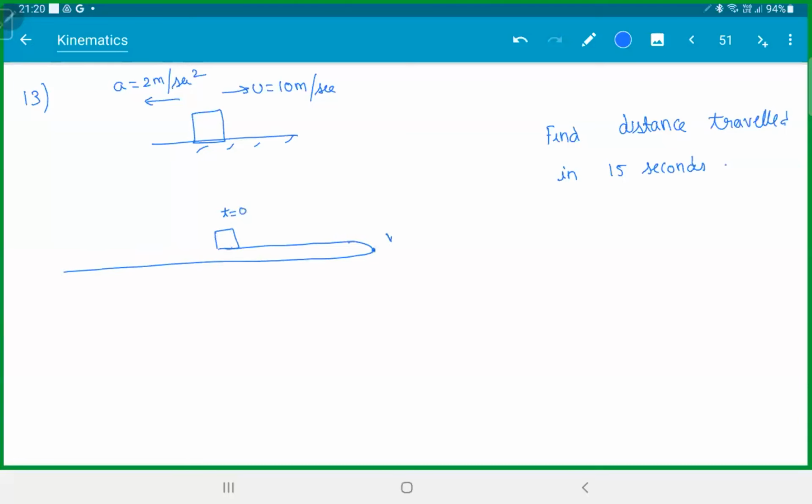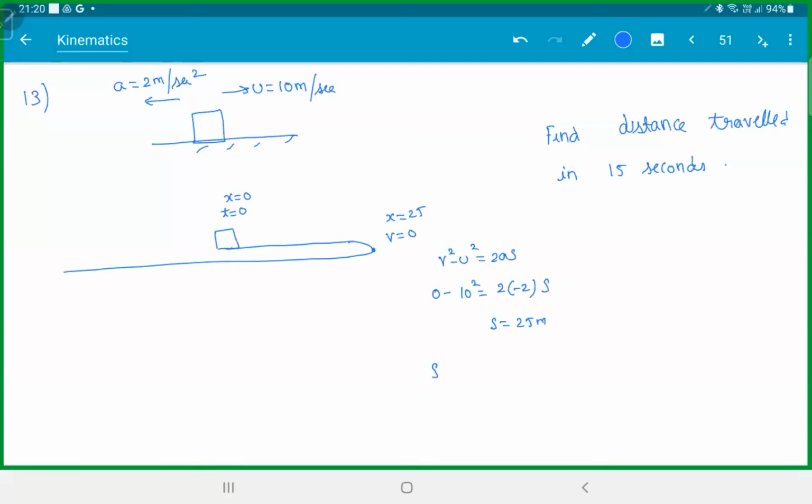So at this point, your velocity is 0. So using the formula v square minus u square is 2as, v would be 0, u is 10 square, acceleration is minus 2, right positive, left negative. This is s. We end up with s is equal to 25 meters, meaning you travel 25 meters forward and then you stop.